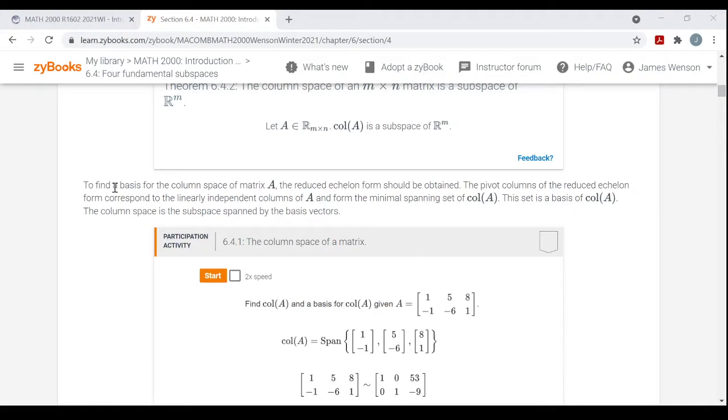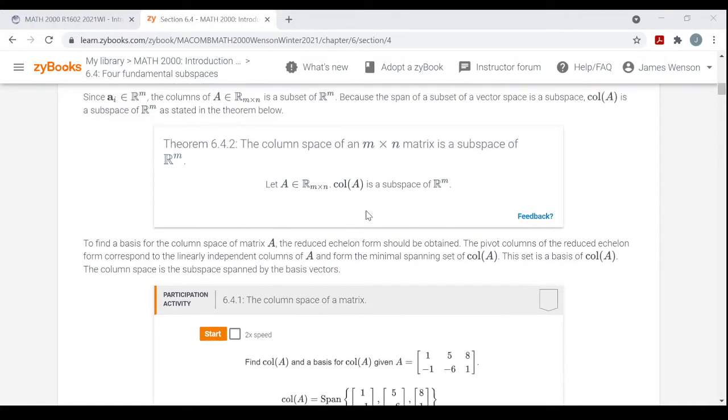And then, just like we'd seen in previous sections earlier in chapter 6, to find a basis for some vector space that's defined by a matrix like this, to find a basis for the column space of matrix A, just put A in reduced echelon form, and then the pivot columns of the reduced echelon form will correspond to the linearly independent columns from the original matrix.